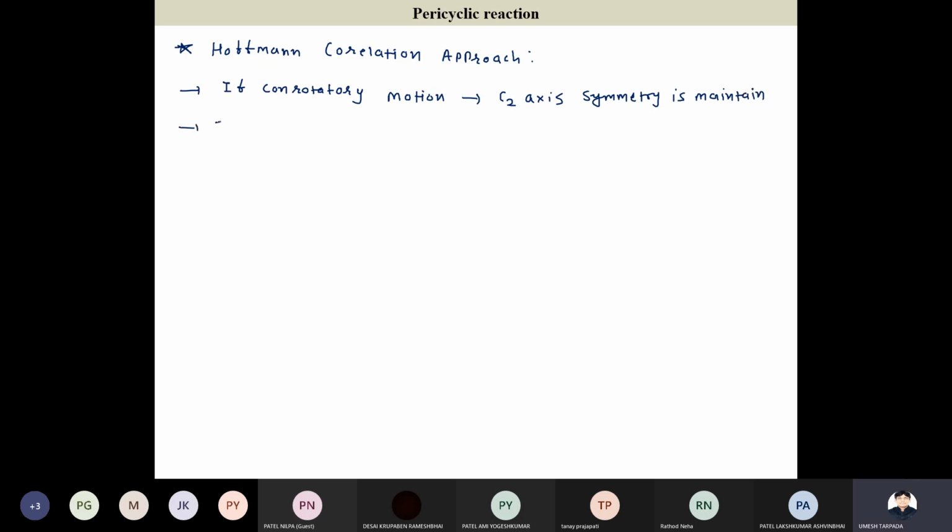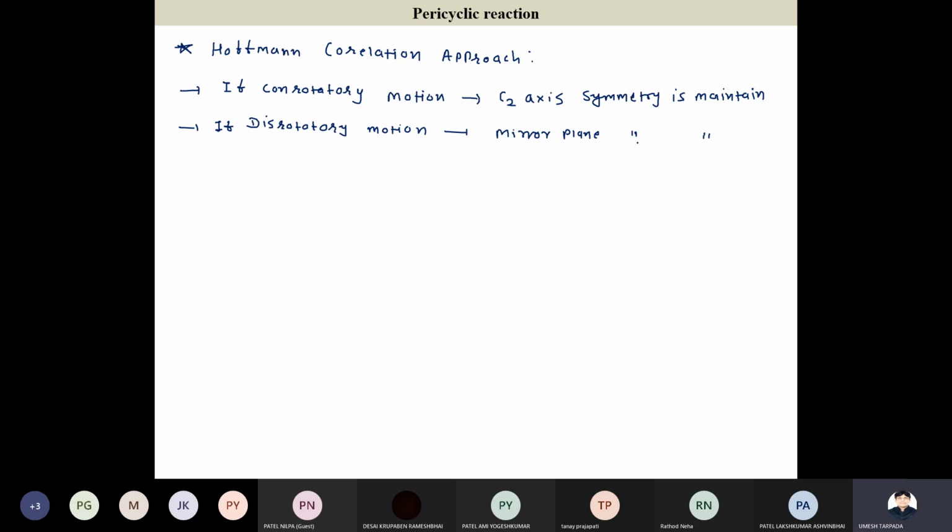And if disrotatory motion is there, it always maintains mirror plane symmetry. These things you can keep in mind.